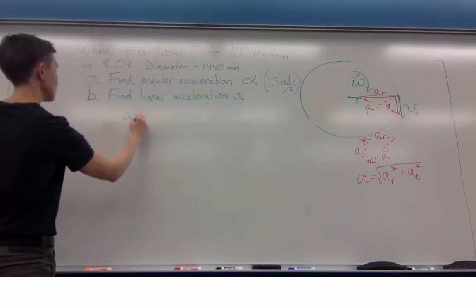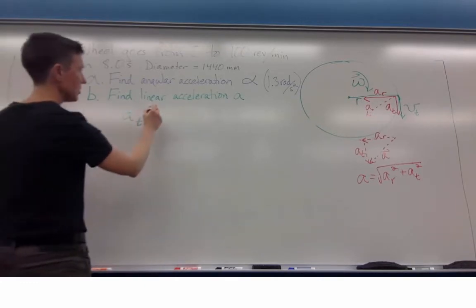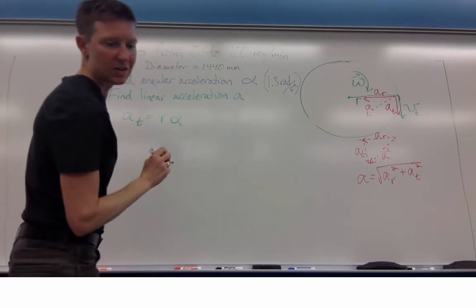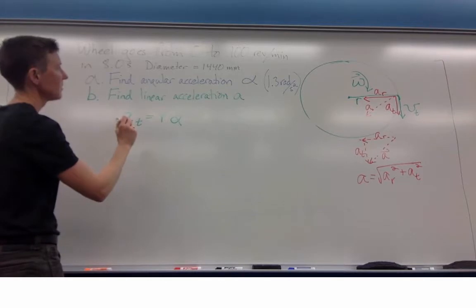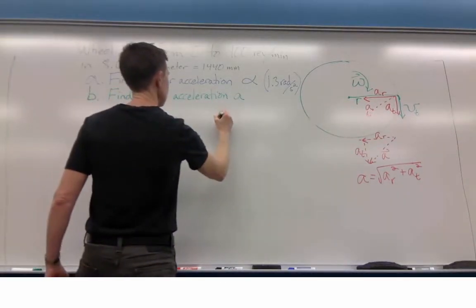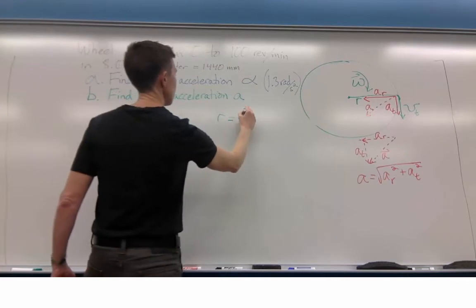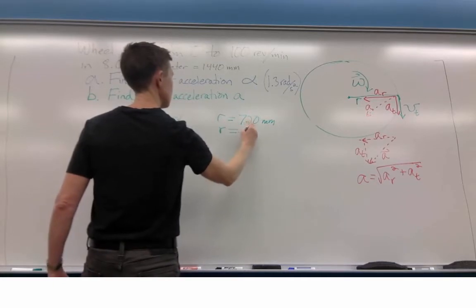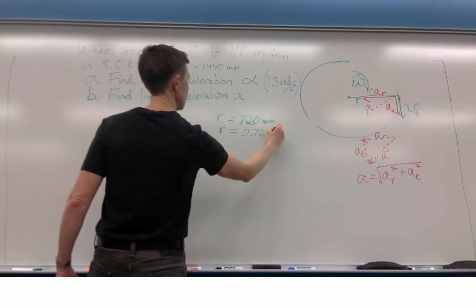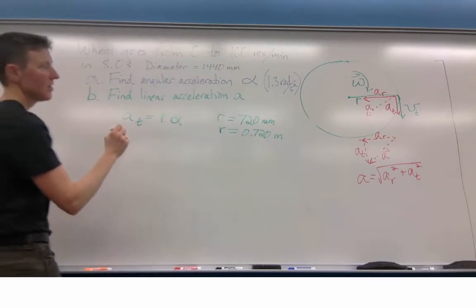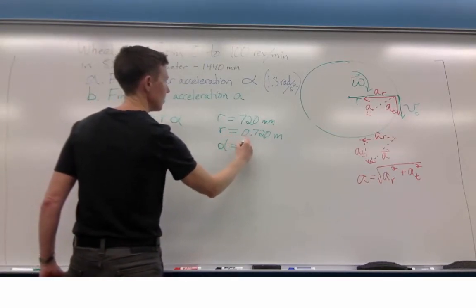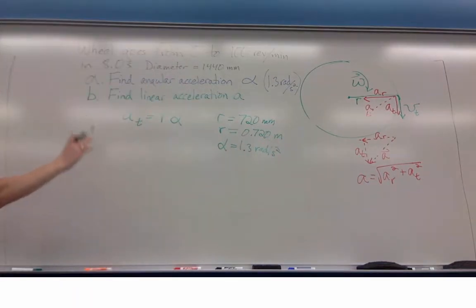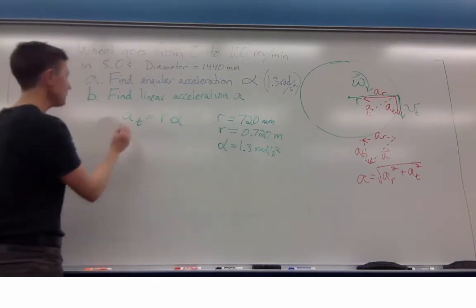Start with the tangential acceleration. Tangential acceleration, as you saw earlier, is equal to r times alpha. We know the radius is equal to 720 millimeters, which is 0.720 meters. And alpha is, as we found before, 1.3 radians per second squared. Okay, so we have all of the values for that. We don't need to plug it in right now.